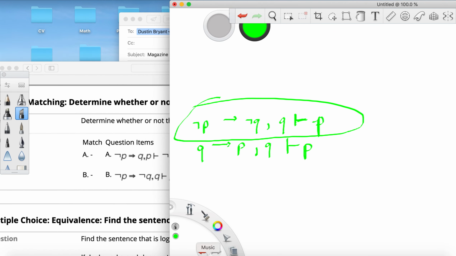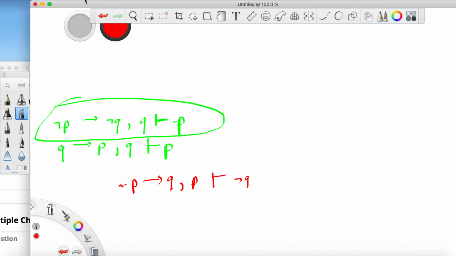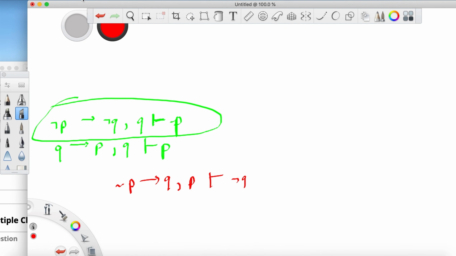Okay, so the second example, or the first example rather, is not P implies Q and P, therefore not Q. Okay, so this is invalid, and if you think about some examples, I'm sure we can refute it. Okay, so how about, let's see.